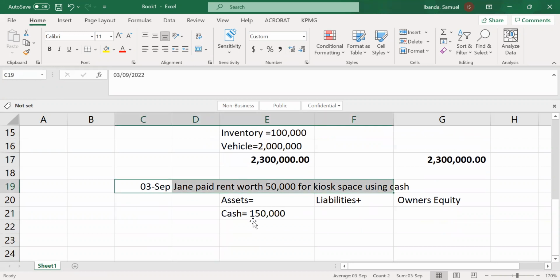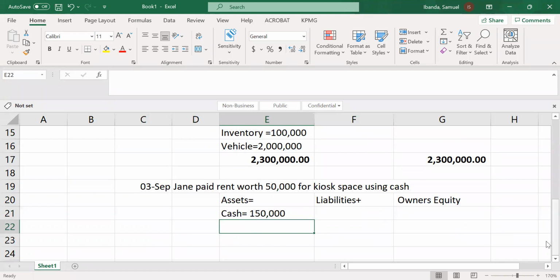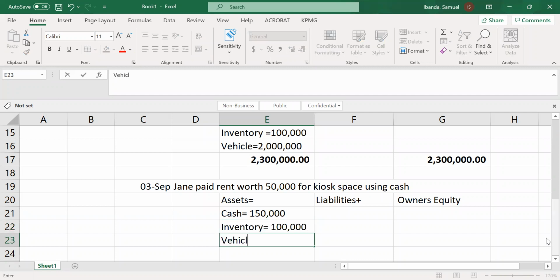The same thing is going to happen. Our inventory is going to remain the same at 100,000. Then the vehicle is also not changing. It's going to remain 2 million.